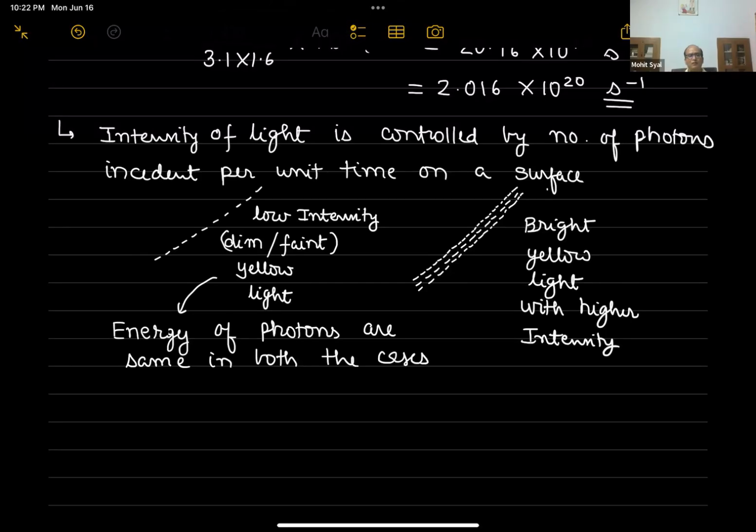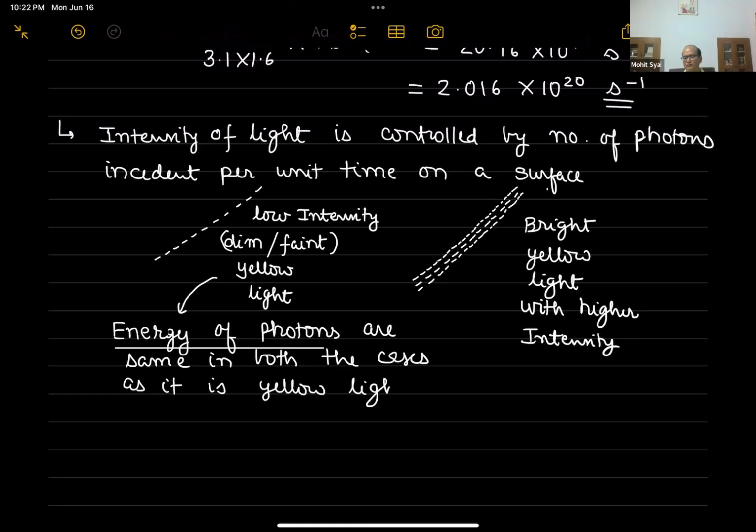So the energy of the photon is the same in both cases. But one of the lights is dim, of low intensity, while the other light has a very bright intensity. Energy of a single photon is the same in both cases as it is yellow light.